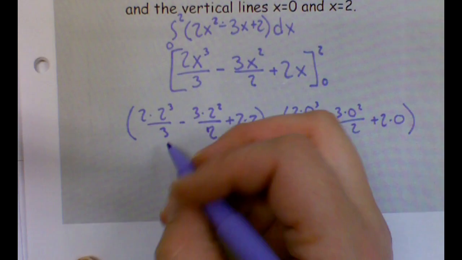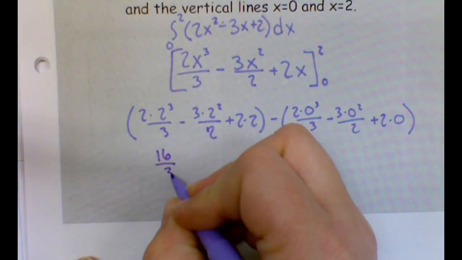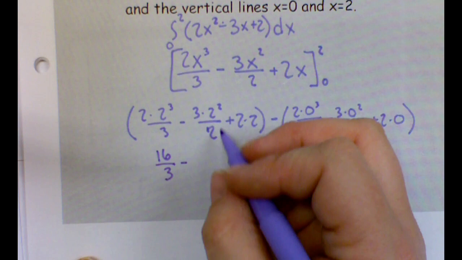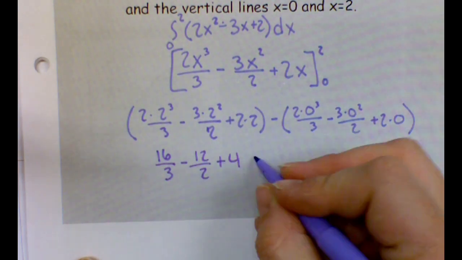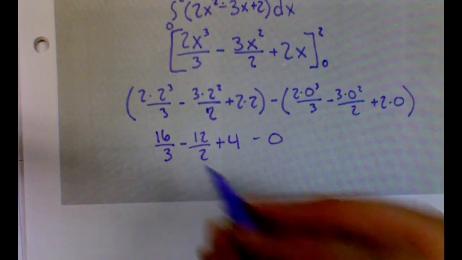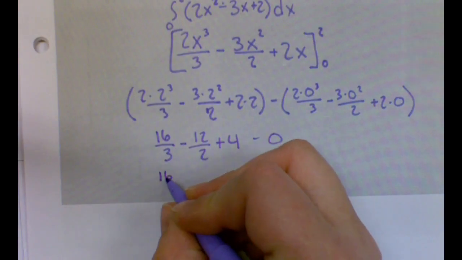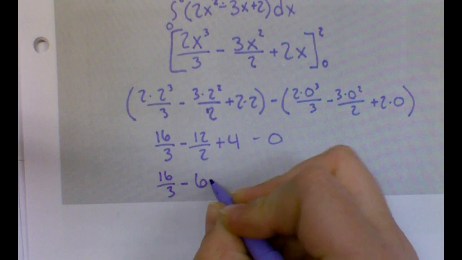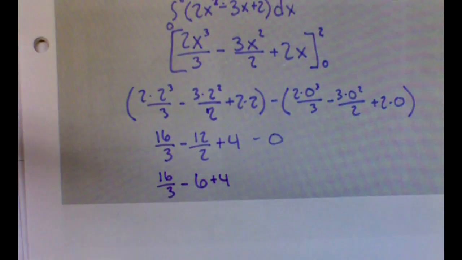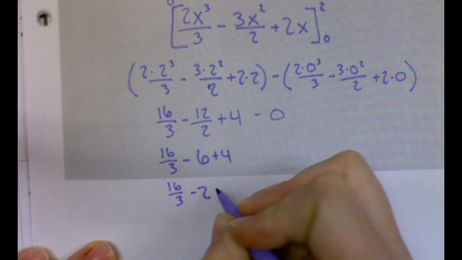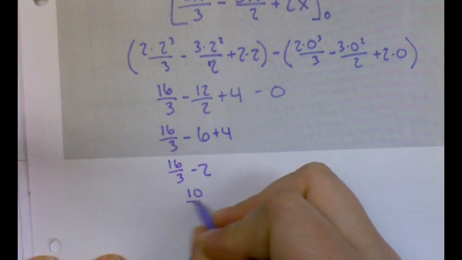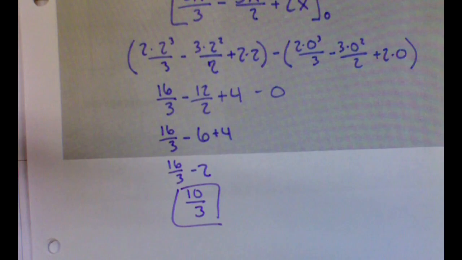So we have 2 times 8, which is 16 over 3, minus 3 times 4, which is 12 over 2, plus 4, minus 0. And so I have 16 over 3 minus 6 plus 4, which is 16 thirds minus 2, which is 10 thirds for our final area.